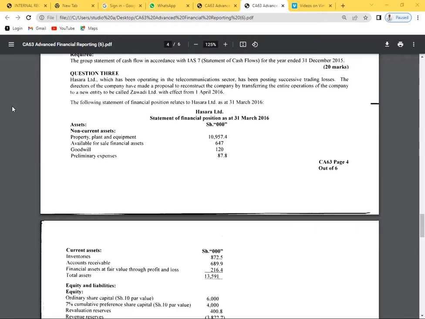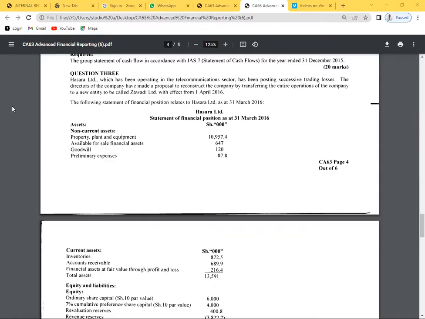Then I go to the current assets. So under current assets, I have inventory. After inventory, I can see accounts receivable.